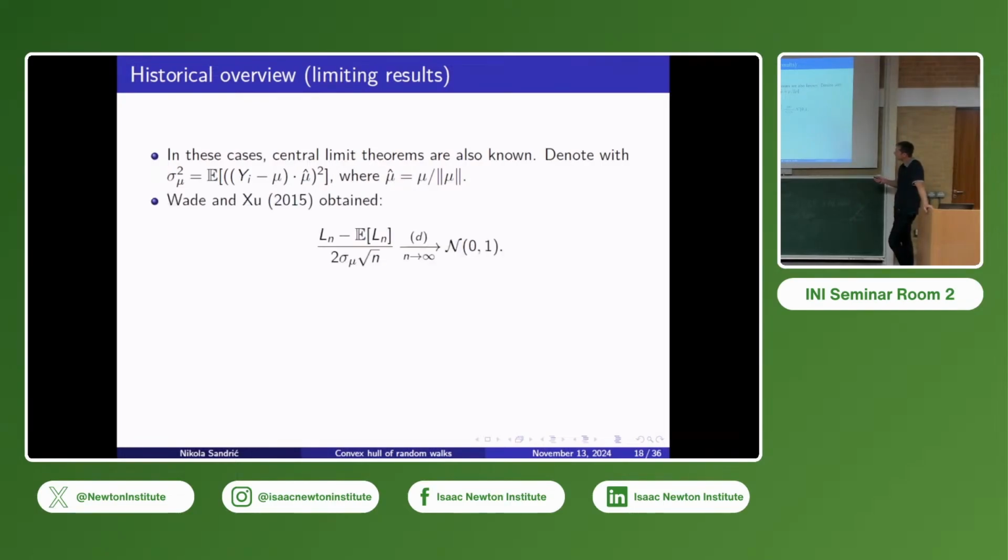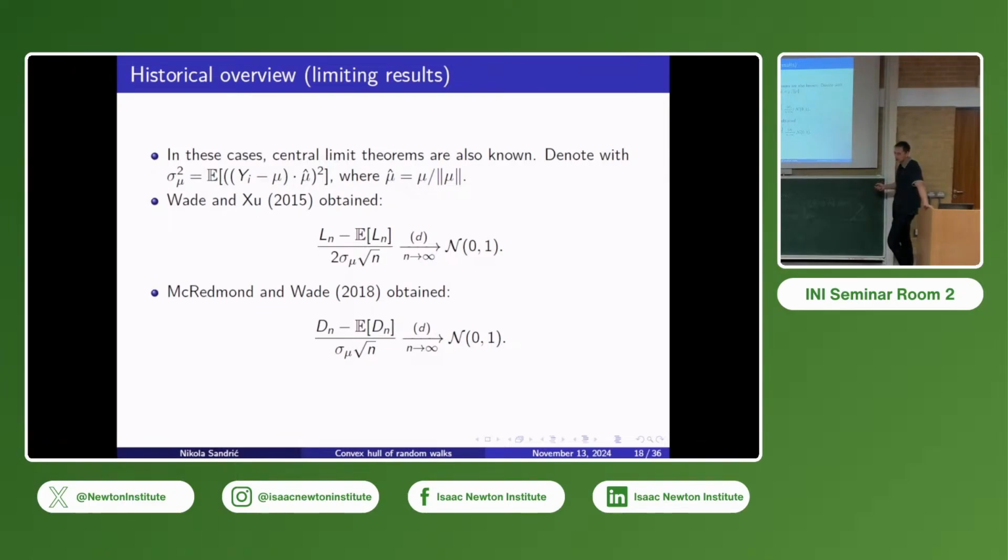Okay, and if this variance is not 0, Wade and Shrew proved a central limit theorem for this thing here. It's a classical normal limit with classical scaling. And the same thing they proved for the diameter. If this object is 0, then one can show that this thing here, of course without this constant, because this is 0, converges in L2 to 0.